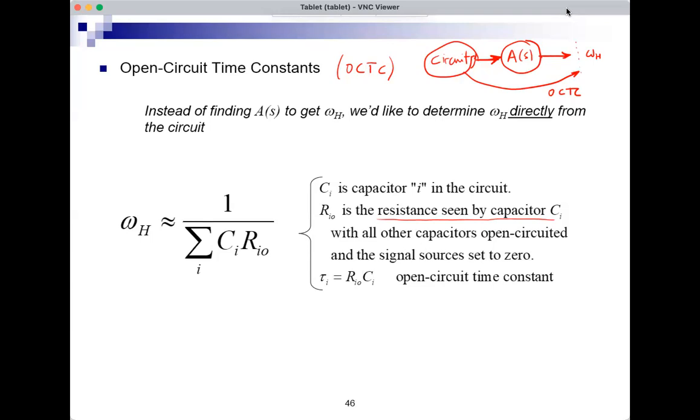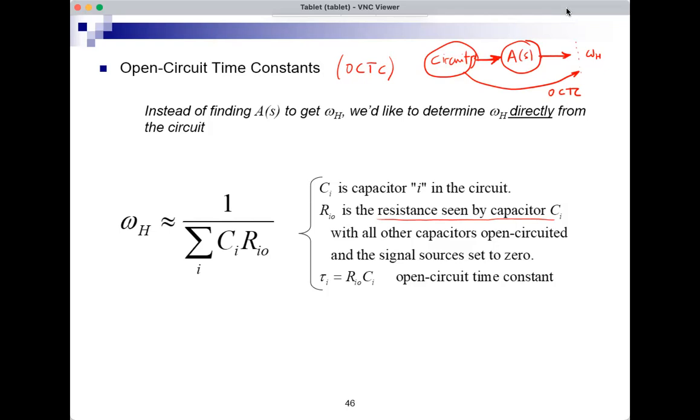So when we say resistance seen by the capacitor, it's as if the capacitor is measuring the resistance. The capacitor is like a test source, V test, and I want to find the current that is flowing out of this test source. So I replace the capacitor by a test source, V test, and I find I test. And the resistance seen by the capacitor would be this V test over I test.